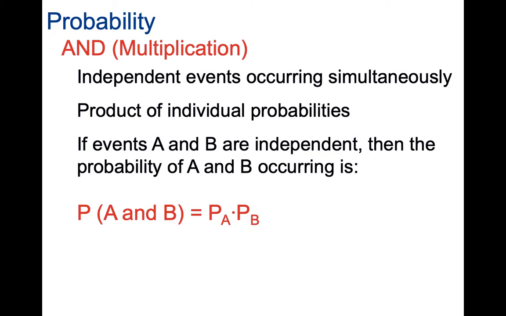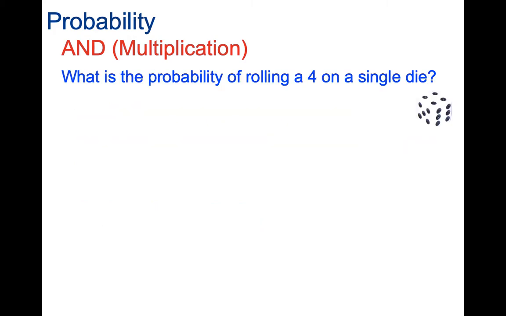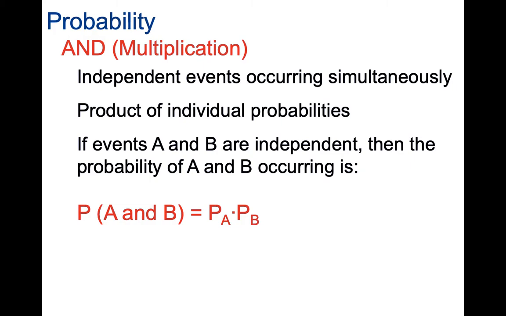Well, that's pretty much it. I was thinking of an example. Say I have a die and you have a die, and we're going to roll our dice, right? And I say, hey, I wonder what the probability we both roll sixes is going to be.